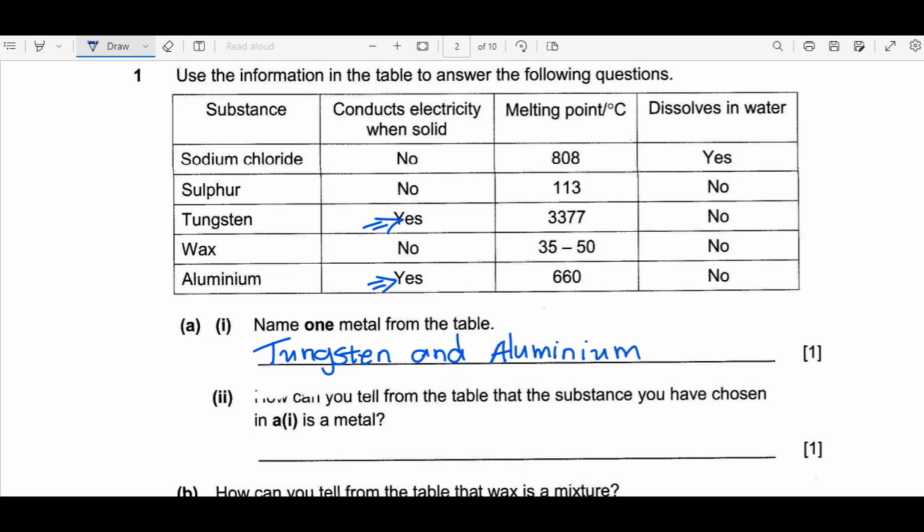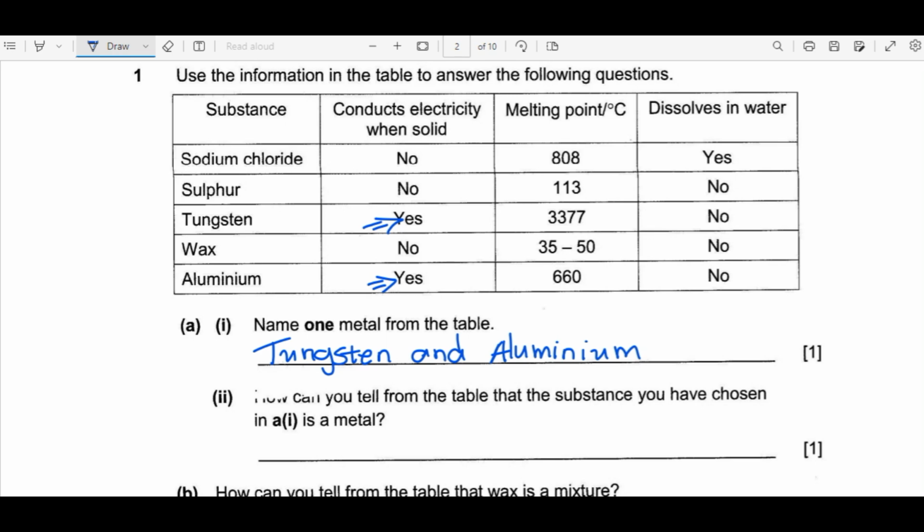If you look at the melting point of tungsten, it is about 3,377. Then for aluminium it is 660. Then if you look at sulfur, which is a non-metal here, the melting point is 113. So you can use the melting point, even the conductivity of electricity.